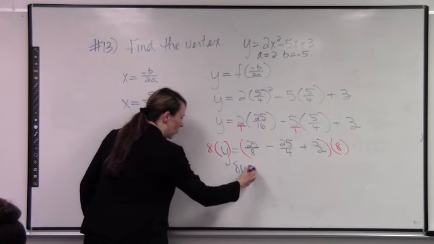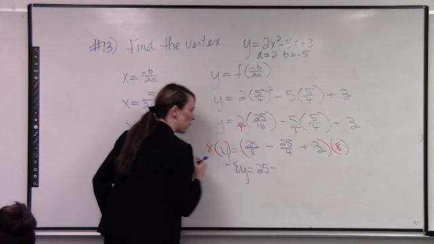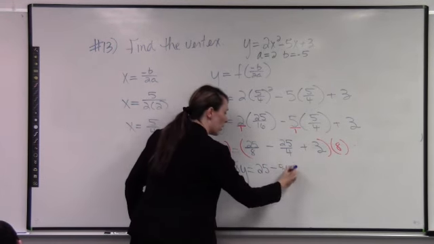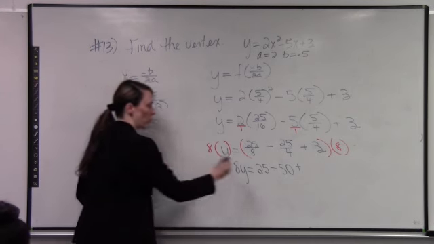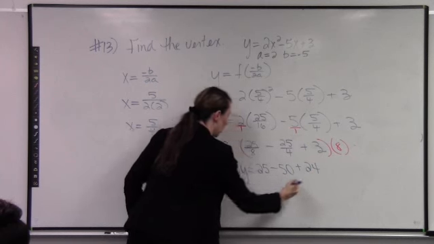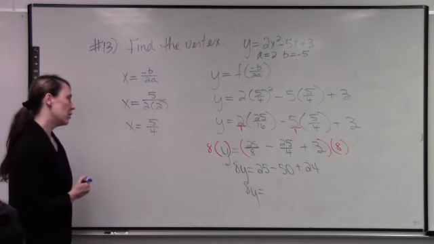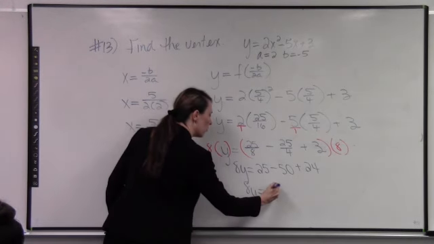So that's going to be 8y equaling to what? 25 minus what? 50, I heard somebody say it, plus 24. All right, so 8y is going to equal to, what, a -1? They'll double check me.